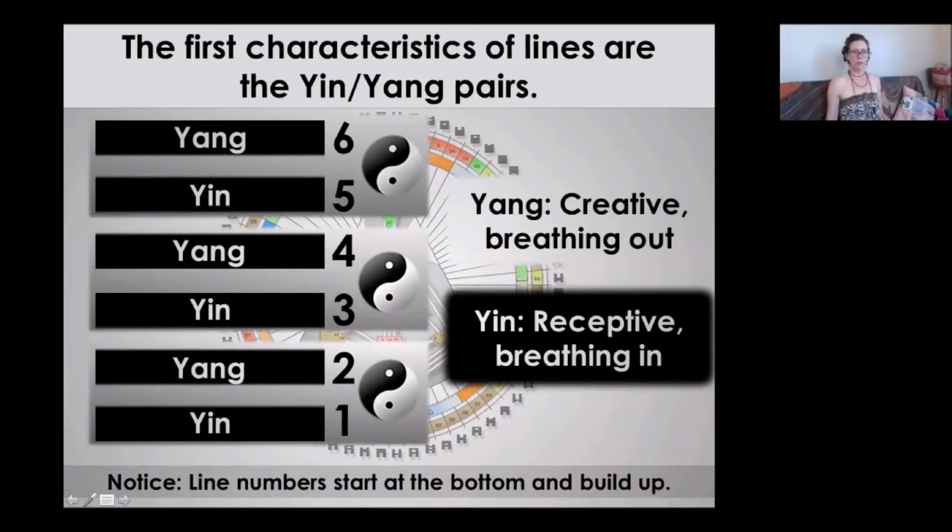They're made up of 2 sets of 3, so 2 trigrams. The first lines of the hexagram, 1 through 3, are all focused personally on their own process.